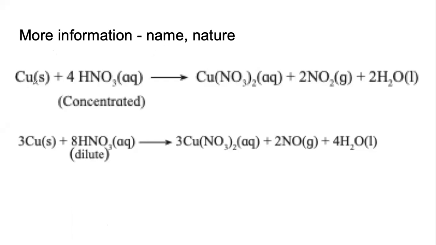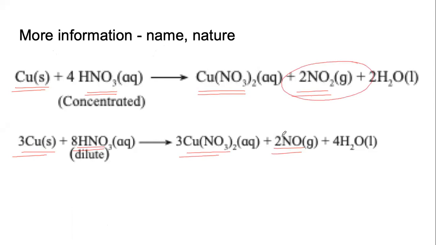Two reactions: copper sulfate, nitric acid, copper nitrate, NO2, NO. Oh, there is a difference. Water. And the difference in the product is because of the difference in the reactants.